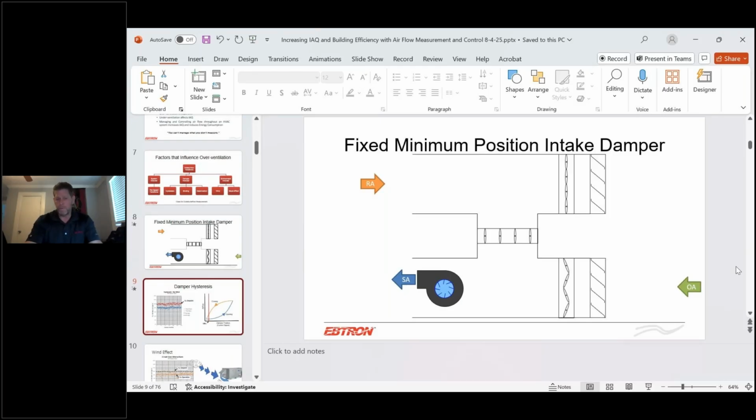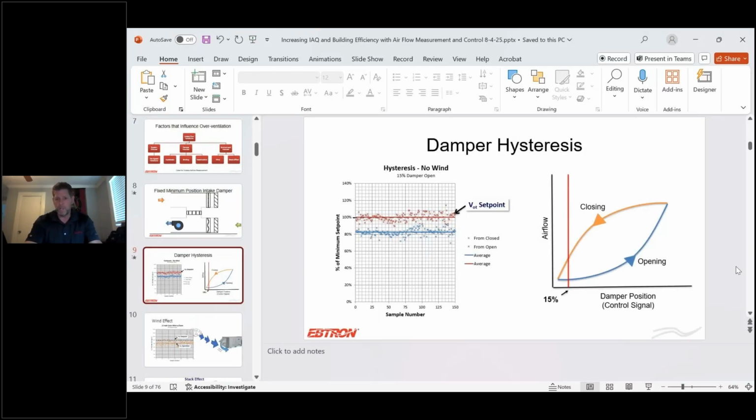The second thing that can affect it, we talked about in the upper slides, but this talks about damper hysteresis. And all I'm going to talk about on this one real quick, just in the essence of time, is dampers don't always go back to the same position every single time when you open them and close them. And this shows a study that we did at our factory where we opened and closed the damper multiple times, measured the position, measured the airflow at each position, and you can see there's a scatter.